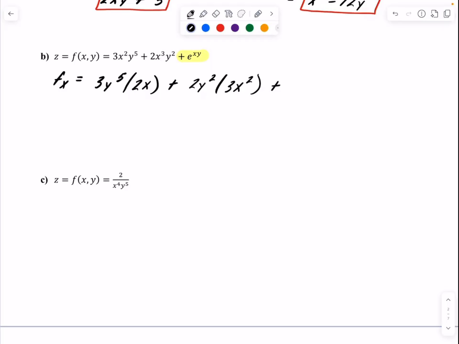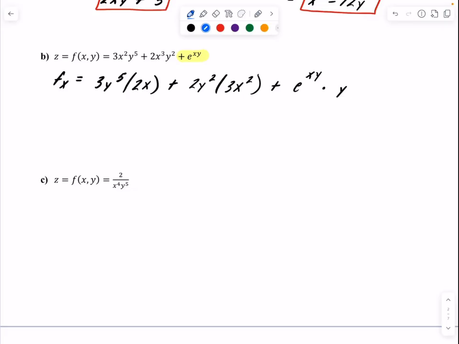I am going to need to use the extended natural exponential rule. This is e to the x times y. I can't forget to take the derivative of my exponent. Remember, we're taking the derivative with respect to x. So y is a constant, and that is the derivative of my power, which is just y. Now, sometimes students have a really hard time with this.